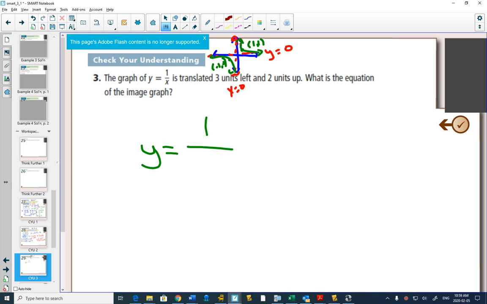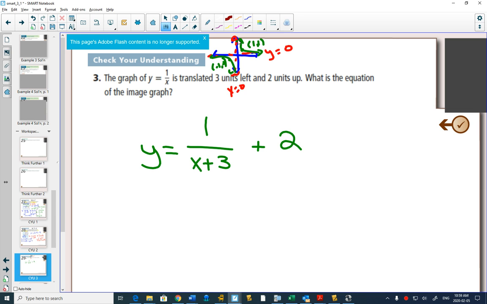Well, it's a 1 over x graph, so we'll have 1 over, but instead of just having an x on the bottom, how would we show that 3 units to the left? That would have an x plus 3 where the x was, because that's inside the function. How do we show the 2 units up? That would be plus 2 afterwards.